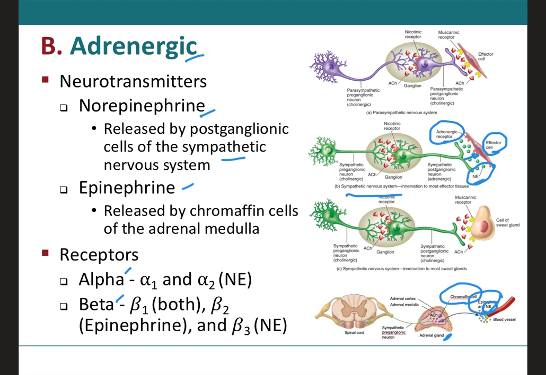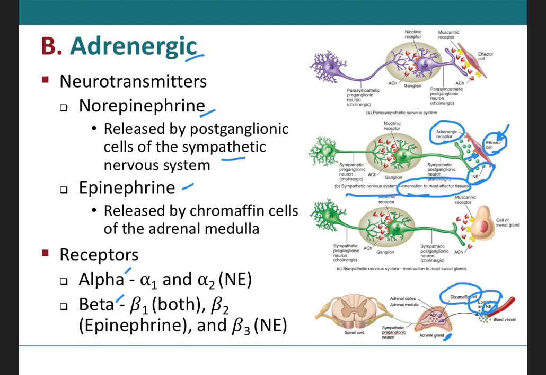And in the autonomic nervous system, these receptors are going to be found on the visceral effectors, so on the organs that are going to be innervated by most sympathetic postganglionic axons, as we can see over here from this image, because only a few of the sympathetic neurons will innervate the sweat glands.